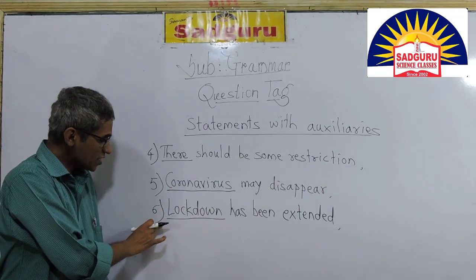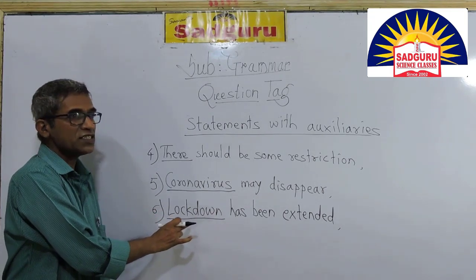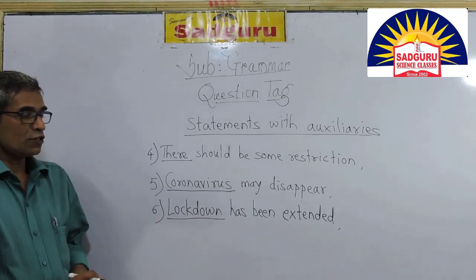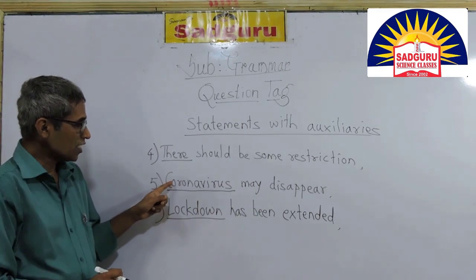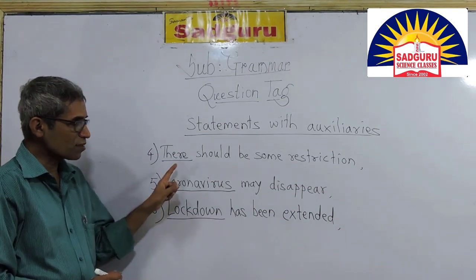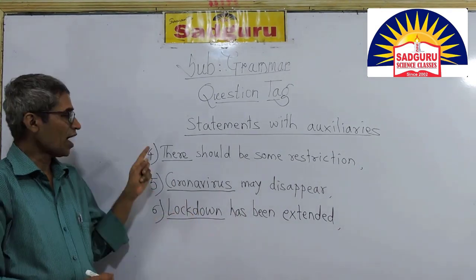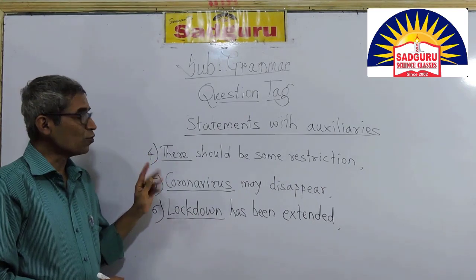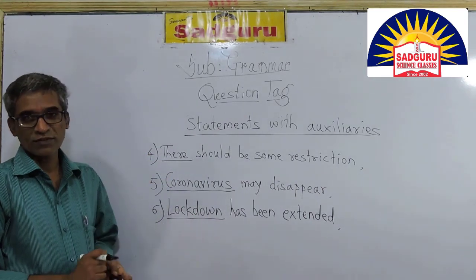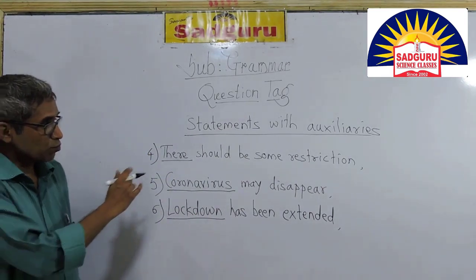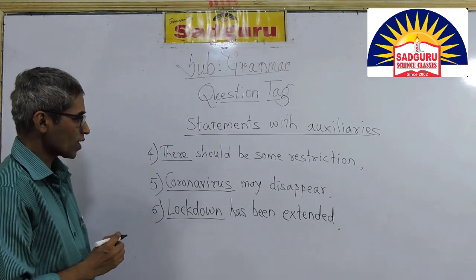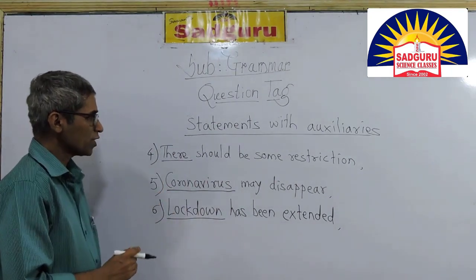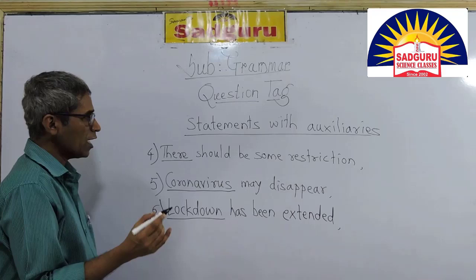And in the next sentence, the subject is lockdown. So, in the sentence number 5 and 6, the subjects are nouns. And in the sentence 4, the subject is a pronoun. Okay, so let's make question tag for this. All of them are positive statements, so the negative question tags will come.